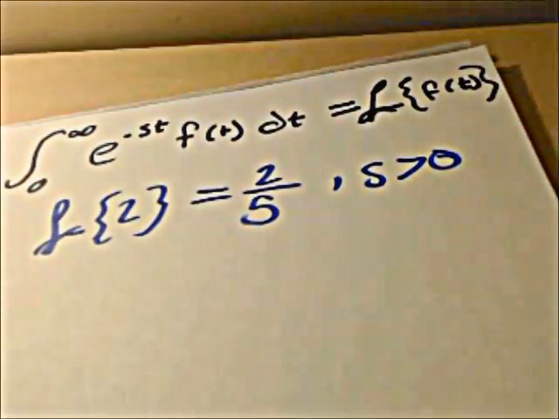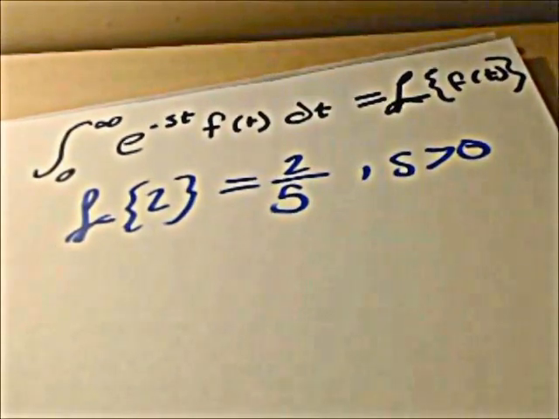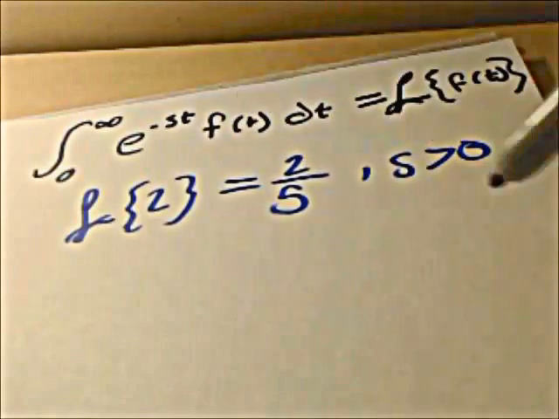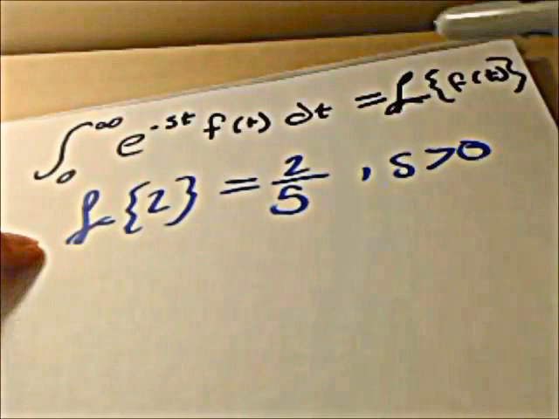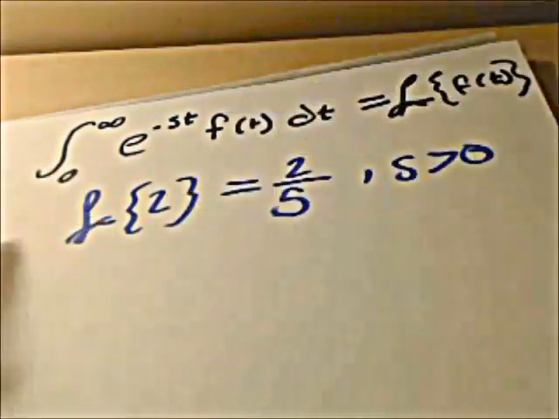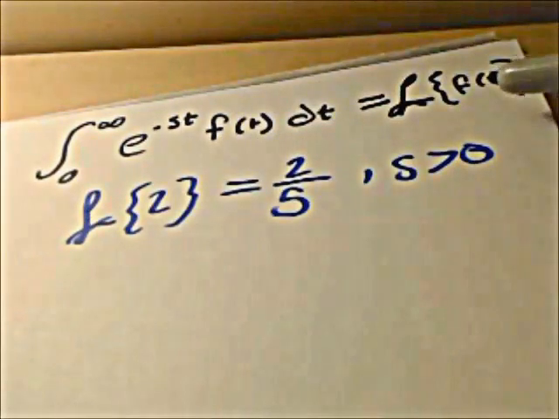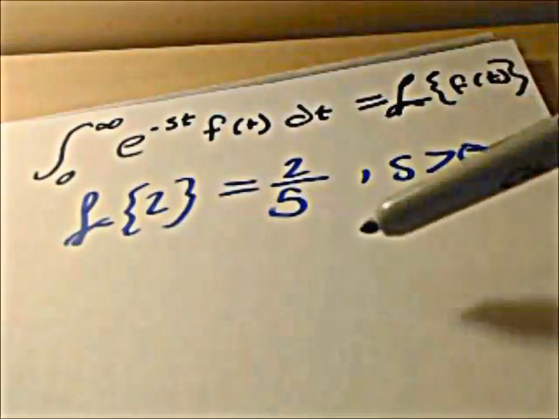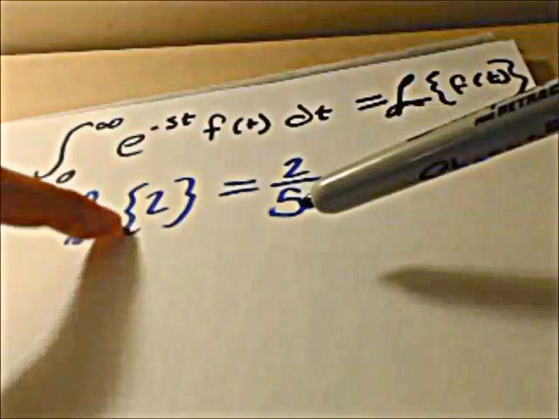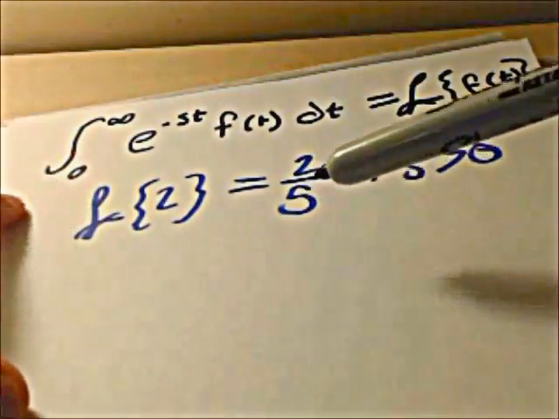I'll tell you why. But we can prove that now by substituting into the formula. Looking at the original Laplace transform formula, we've got f(t) here, so 2 is going to be f(t). So I'm going to substitute that in that integral.